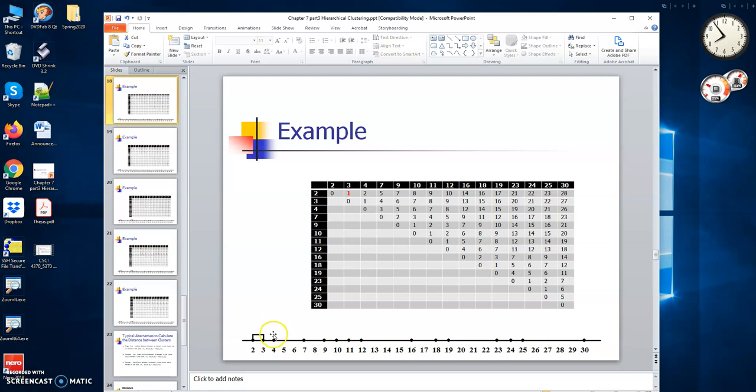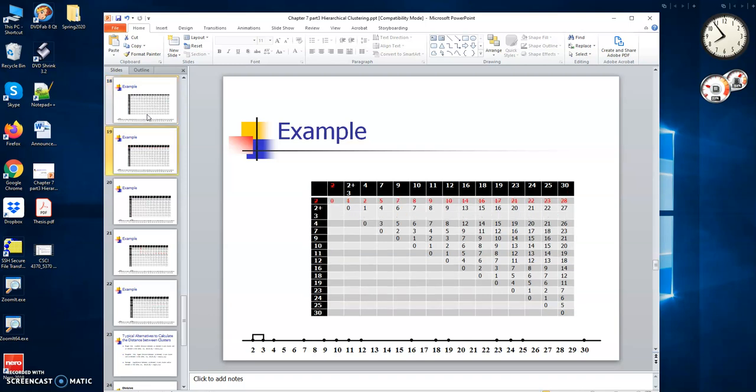So first of all, you can see that we group them together, creating a small cluster, and then we need to update the information over here. So what's happening is that we merge nodes 2 and 3, and at this time we will have one node less.